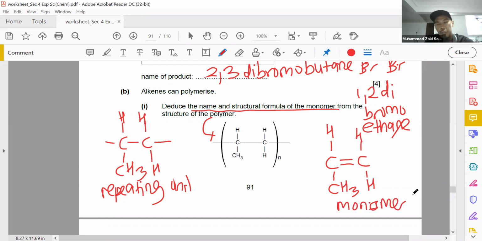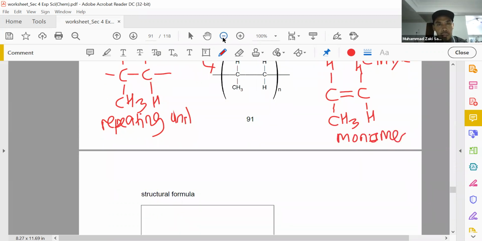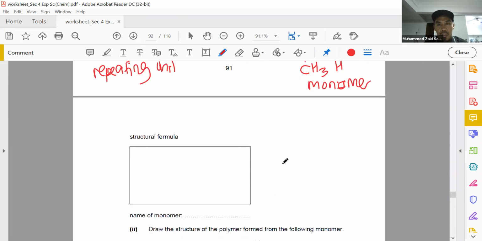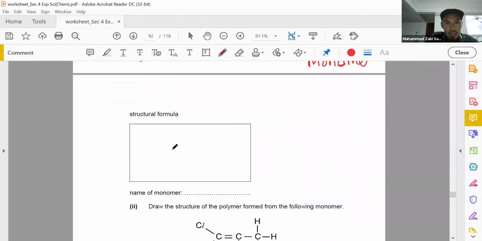Of course we don't write the answer here. We need to write the answer below here. So there's a carbon over here. Remember there's H here, there's a CH3 here, and the H and H. Now what's the name of this? It looks so unfamiliar, correct or not? Sorry, this is CH3.